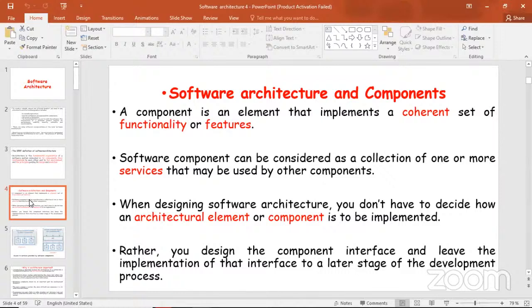A software component can be considered as a collection of one or more services that may be used by other components. So when designing software architecture, you don't have to decide how the architectural element or component is to be implemented. Rather, all you need to do is design the component's interface and leave the implementation of that interface to a later stage of the development process.